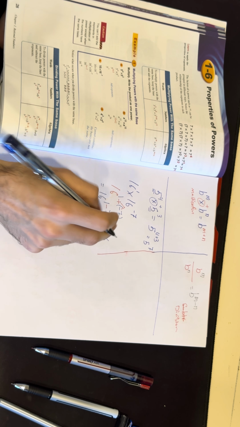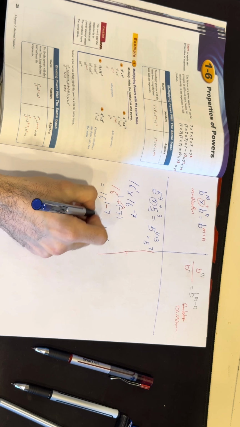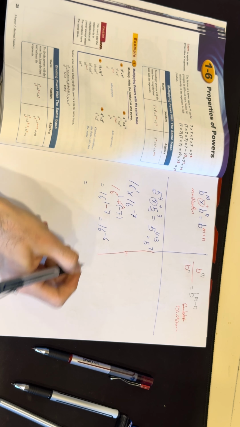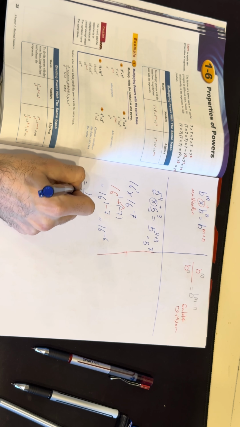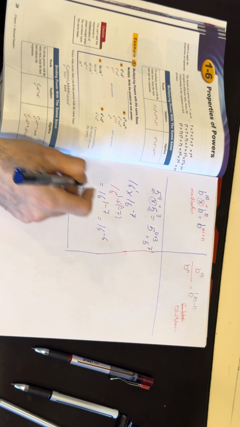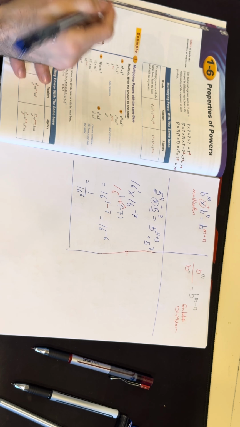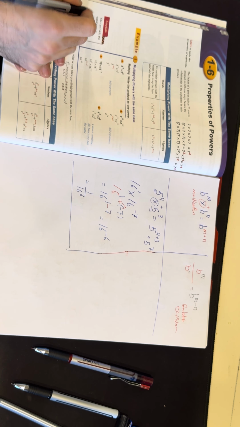Can I leave this as a negative power? No. We said when the power is negative, you need to flip it to change it to positive. So it will be 1 over 16 power 6. That's how you're going to solve these questions. Now, what if I have different bases?